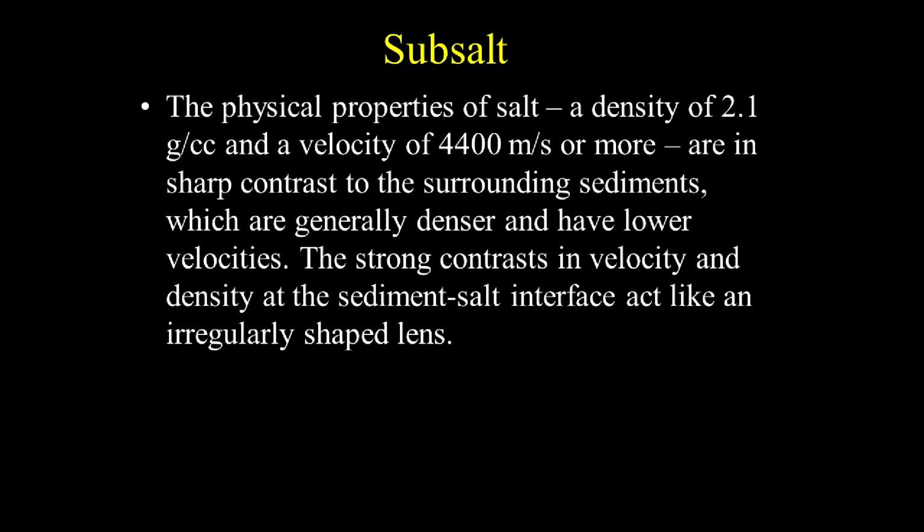The physical properties of salt, a density of 2.1 grams per cubic centimeter, and a velocity of 4,400 meters per second or more, are in sharp contrast to the surrounding sediments, which are generally denser and have lower velocities. The strong contrast in velocity and density at the sediment-salt interface act like an irregularly shaped lens.